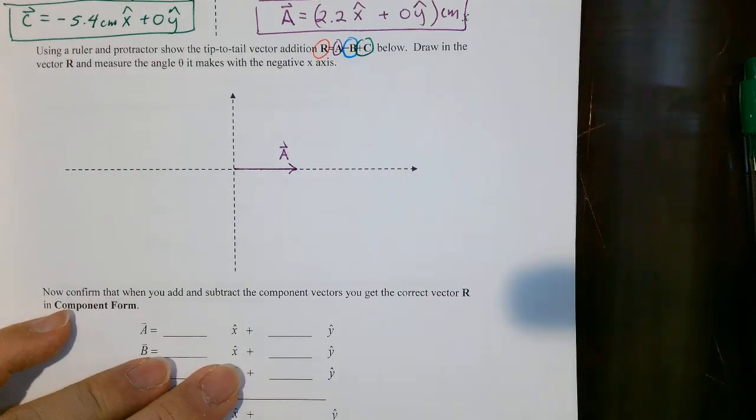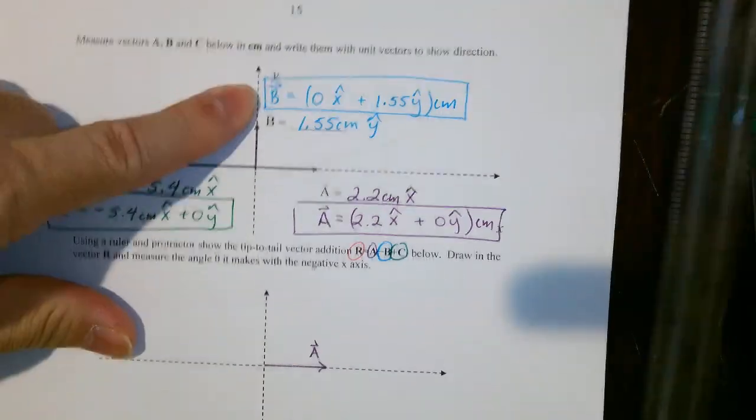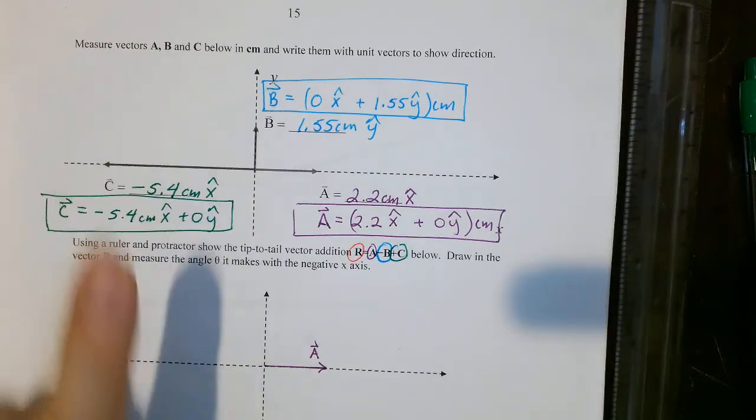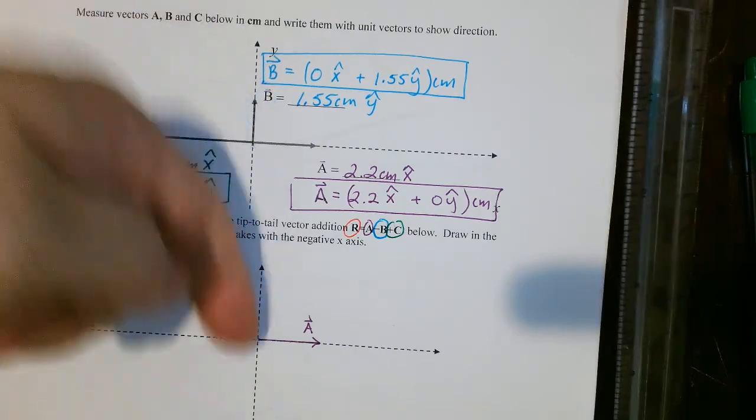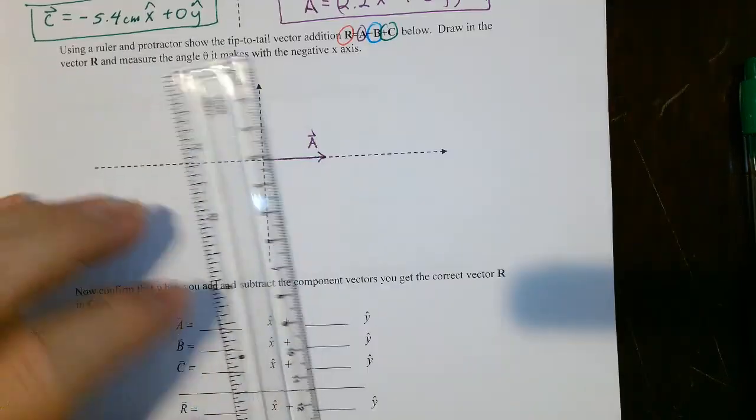Minus B. So I'm adding the negative B vector. Since my vector B is pointing in the positive y direction, and I'm adding negative B, it's going to be going down.